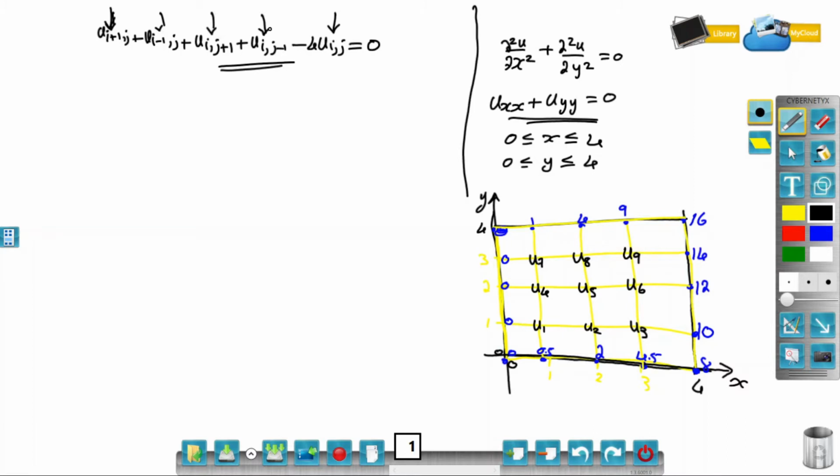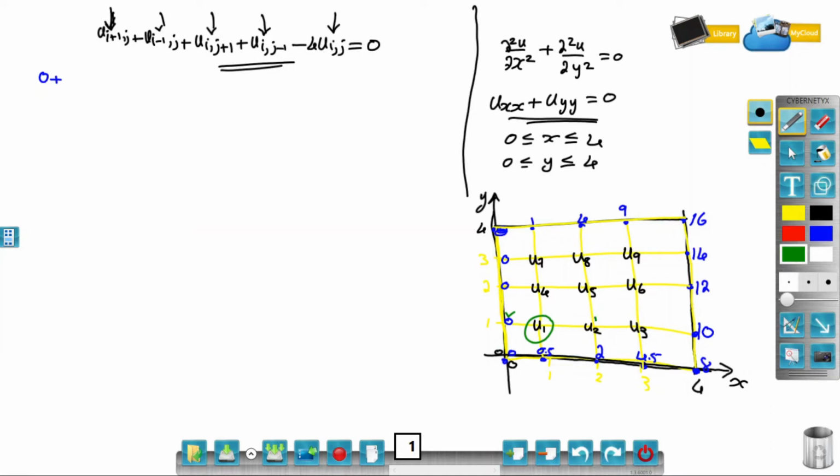Okay. So now one by one we are going to take u1 to u9 as the current point. So first take u1 as the current point. If you are taking this one as the current point, what is the left point? Left point is 0. Right? So 0 plus. What is the right point?